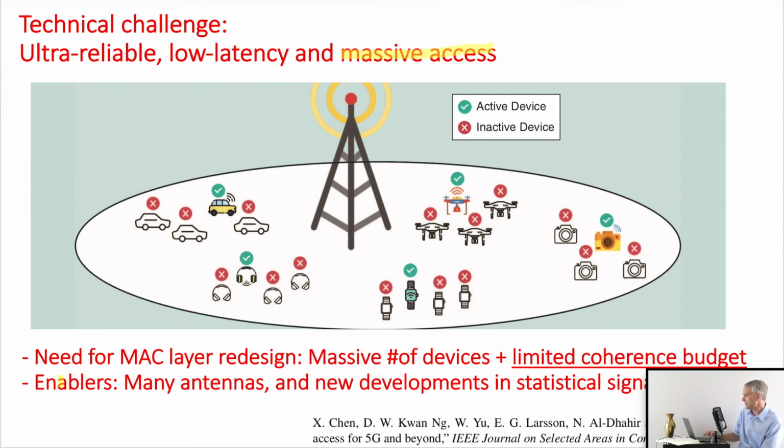Making that work in the radio waves context is a major challenge. Some of the general challenges on the MAC layer with ultra reliability and low latency and massive number of devices are described in the paper here that I hope will be of some interest.